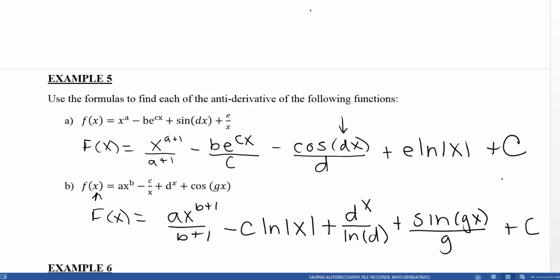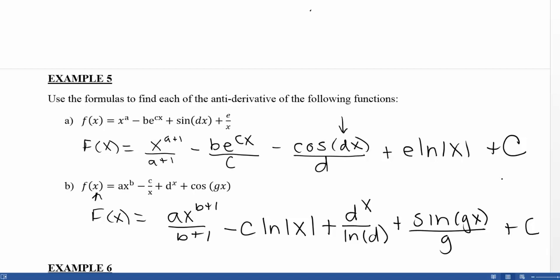If we have one data point, we can use that to solve for the specific c that would satisfy that data point, which means we'd plug in the x values into our antiderivative everywhere we see the x, and we'd set it equal to whatever the y value is, and that would mean we'd have all numbers plus c equals another number, and we'd be able to solve for c.